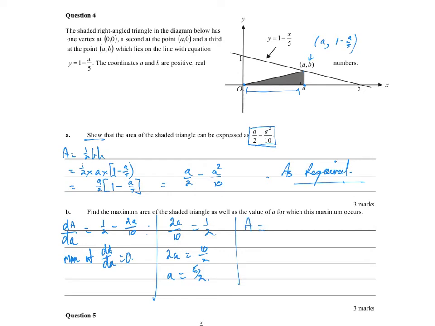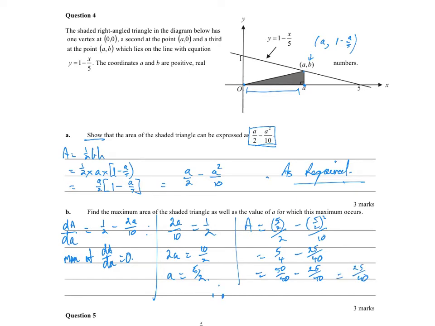Area is equal to 5 on 2 on 2 minus (5 on 2) squared over 10, which is 5 on 4 minus 25 on 4 on 10, which is 25 on 40. So 50 on 40 minus 25 on 40 is 25 on 40.